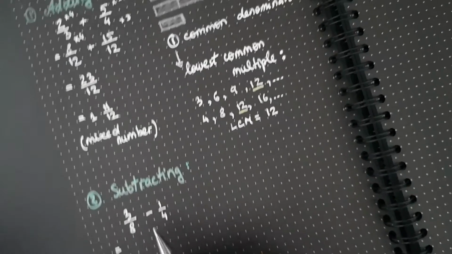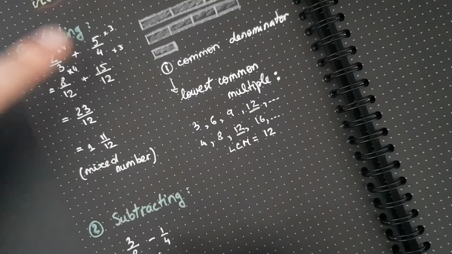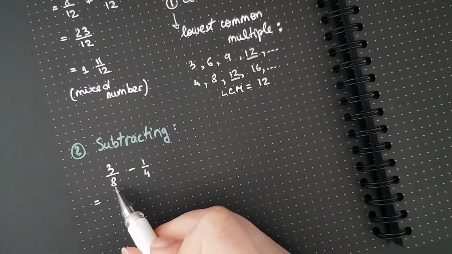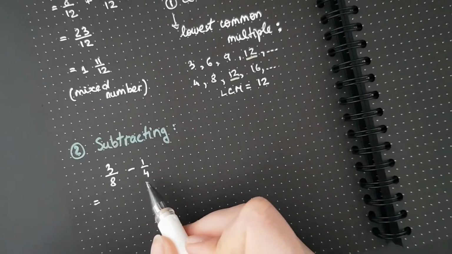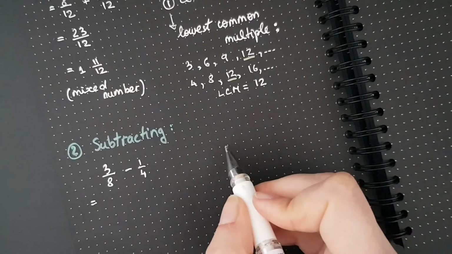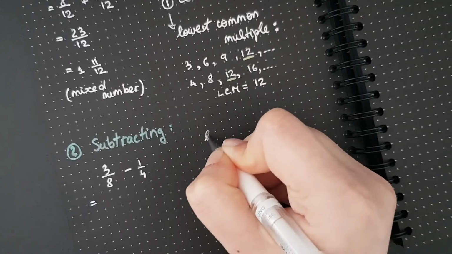In this case, I wouldn't recommend, see here, you could have done 3 times 4. But in here, I wouldn't really recommend for you to do 8 times 4 because that's just going to be way too big. So instead of this, I would do the lowest common multiple. So I'm going to, again, write it on the side.